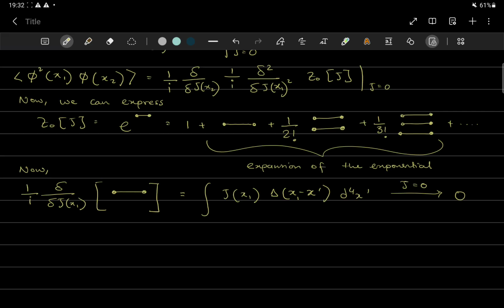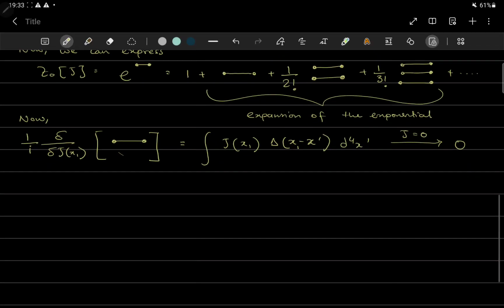Now this comes essentially from the fundamental principle of calculus, right? Because when we differentiate an integral, we should get whatever we have left. And we basically differentiate the expression that is inside, and you get 0 because one of the J's survives, and therefore setting J equals to 0 will give you 0.